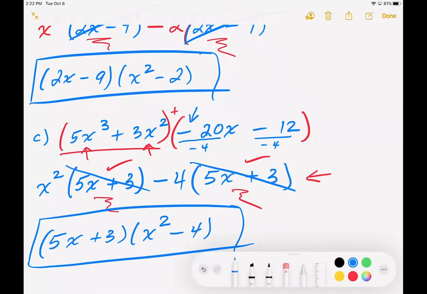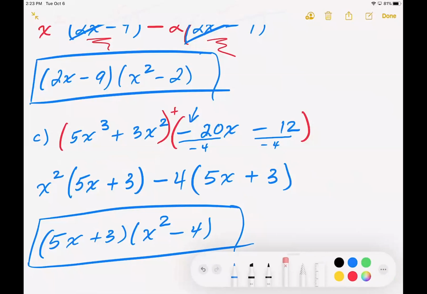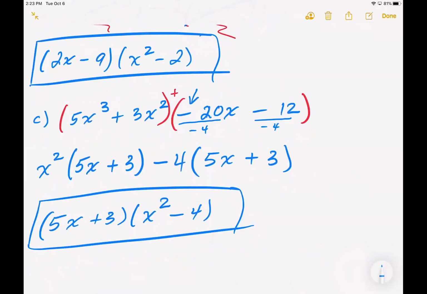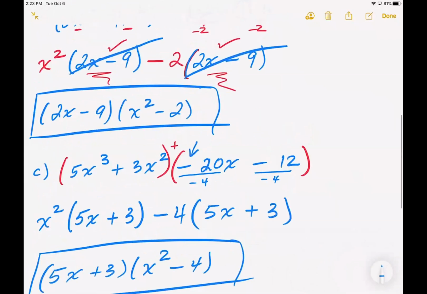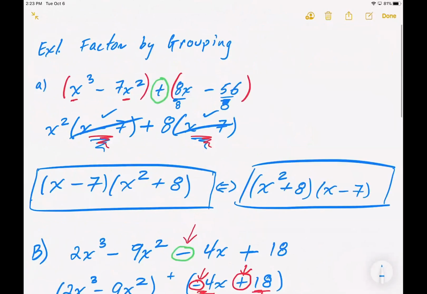Let me ask you guys, any question in terms of how to start, or what we need to do to factor this? And one thing, ladies and gentlemen, if you remember in the first problem, if you want to, you can do this.